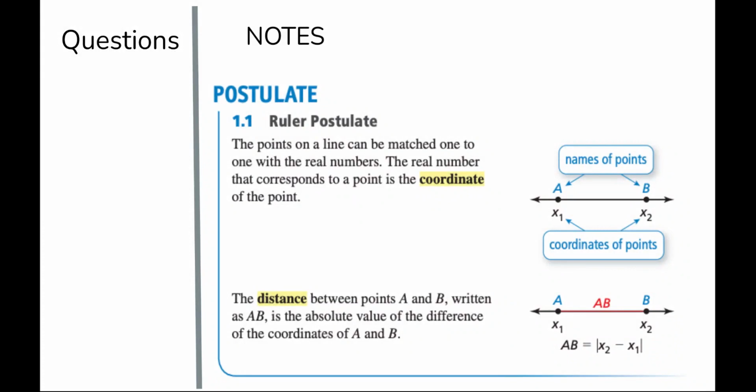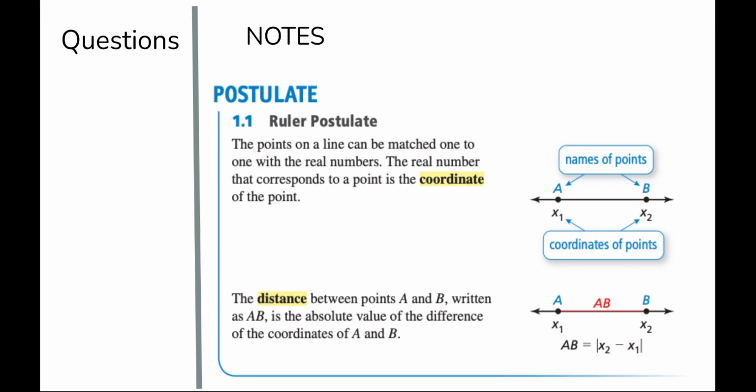So one of the postulates is called the ruler postulate. So when you're looking at this, you're pretty much looking at a ruler and you're matching points on a line to real numbers as if we had a ruler. So you're just finding the length between two different points.